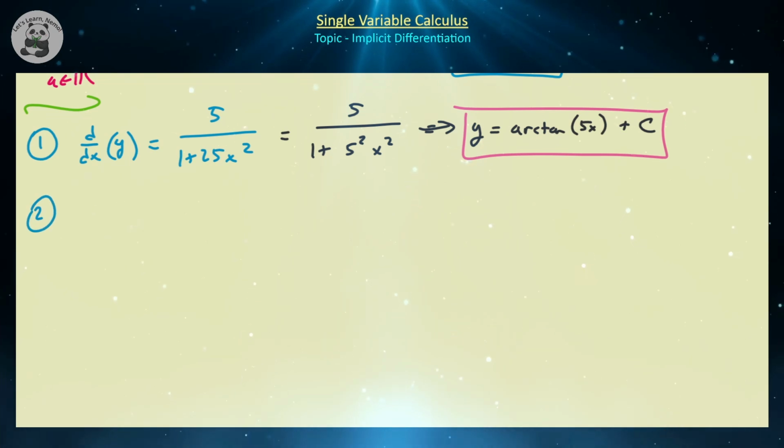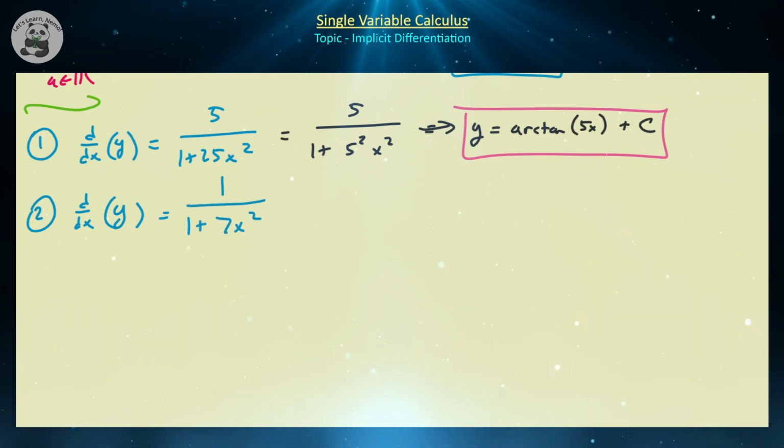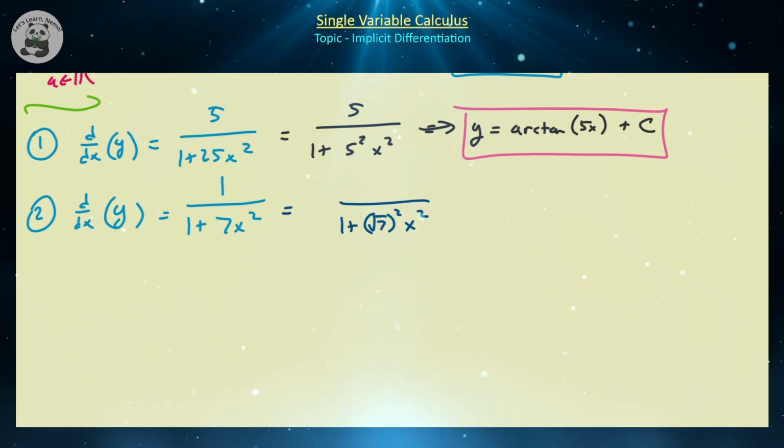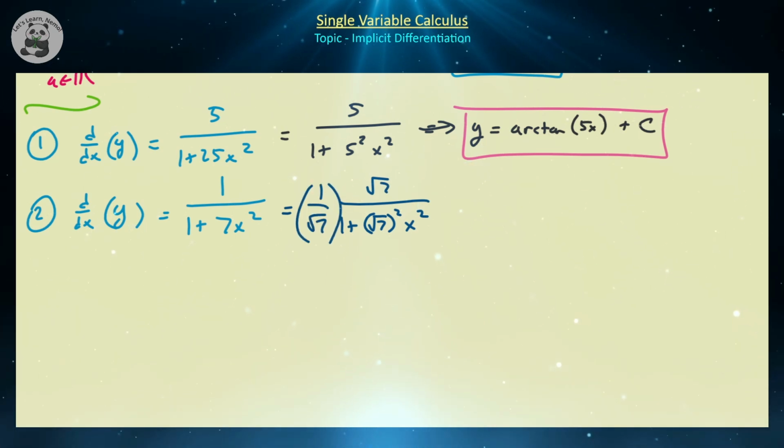Let's look at a couple more fun examples. Suppose that the derivative of something is equal to 1 over 1 plus 7x squared. Obviously we have a constant times x squared there, so we can do some fun algebraic manipulations. That's going to be equal to what? We're going to have 1 plus the square root of 7 squared x squared, and we need the square root of 7 on top, so I'm going to introduce that to top and bottom.